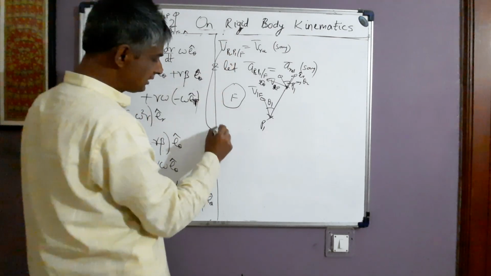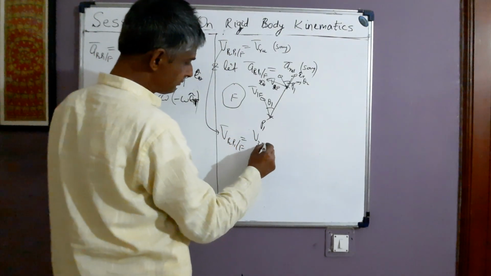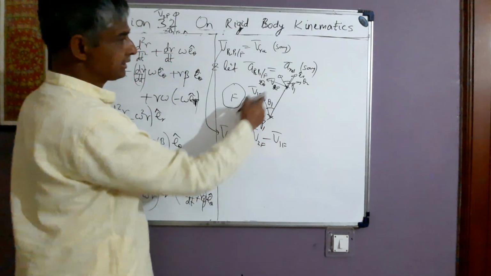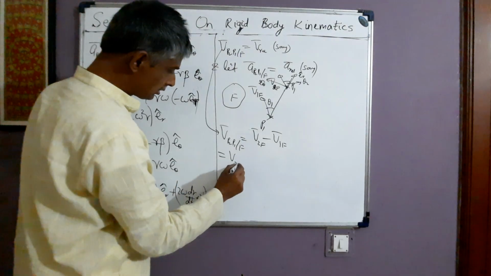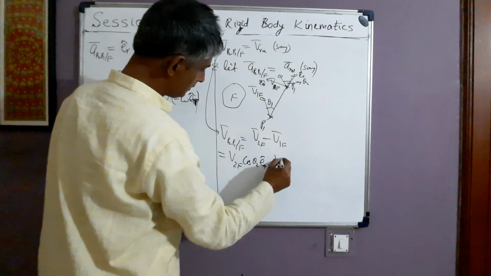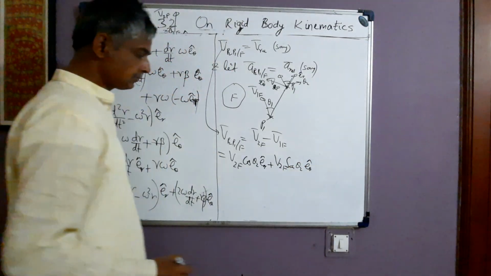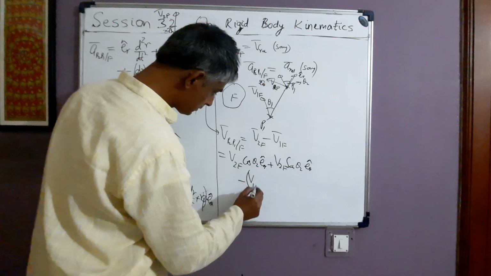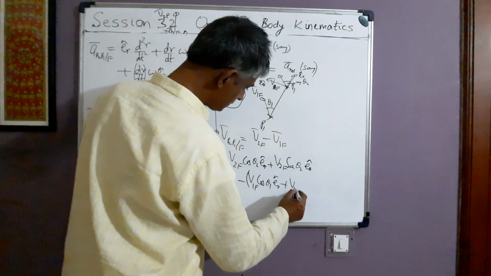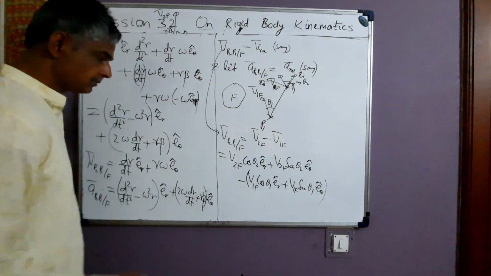Now you know this Vp2 P1F is what? That is V2F minus V1F. Now V2F, what I write is V2F cos theta 2 ER hat plus V2F sin theta 2 E theta hat, minus V1F cos theta 1 ER hat plus V1F sin theta 1 E theta hat.